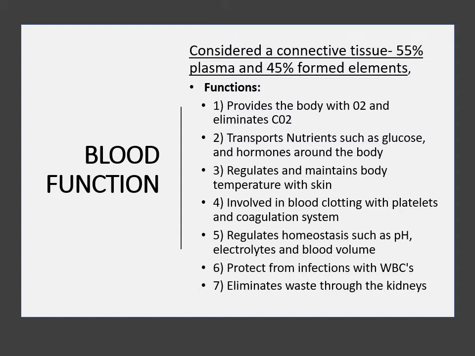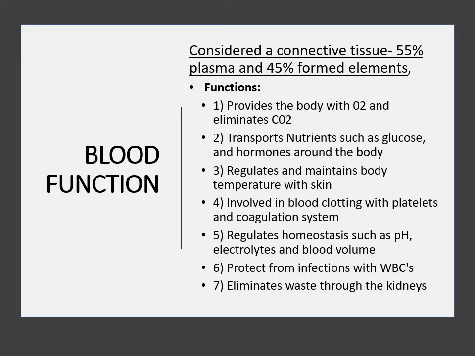Regulation of homeostasis is a function of blood. pH, our electrolytes, and blood volume are all regulated in the body. And we've discussed pH before, how important it is to keep it between 7.35 and 7.45.